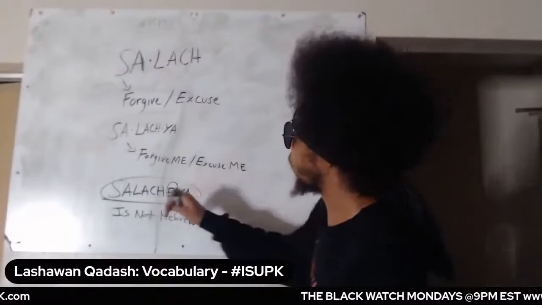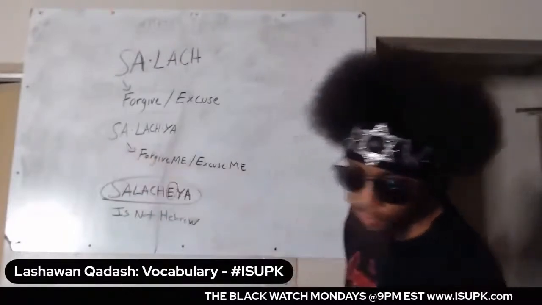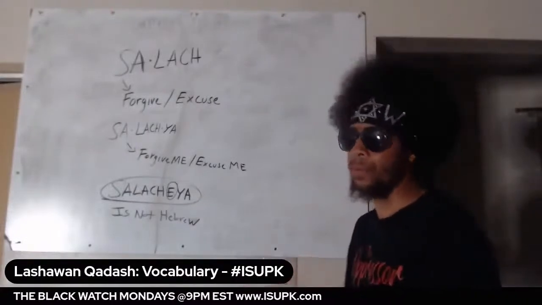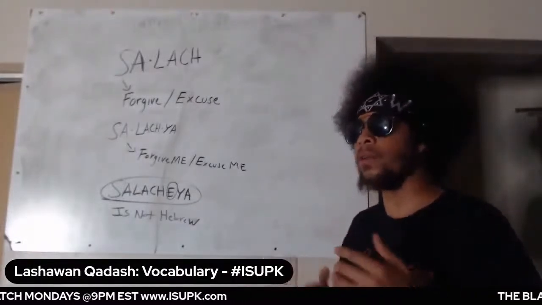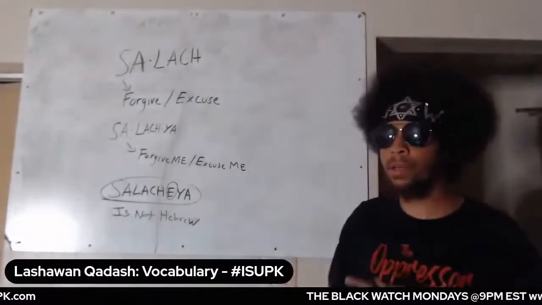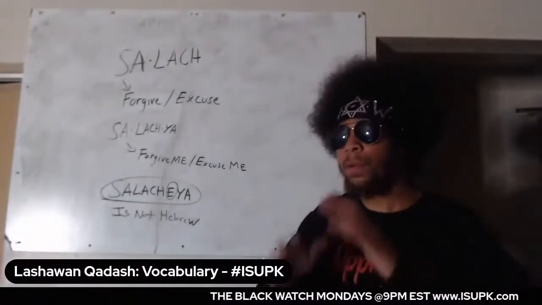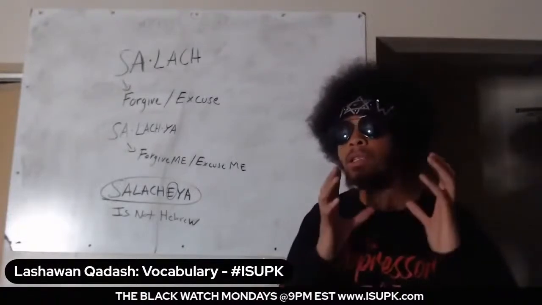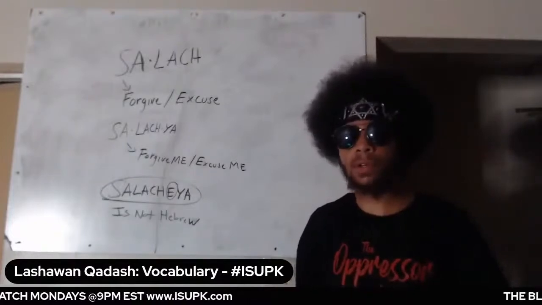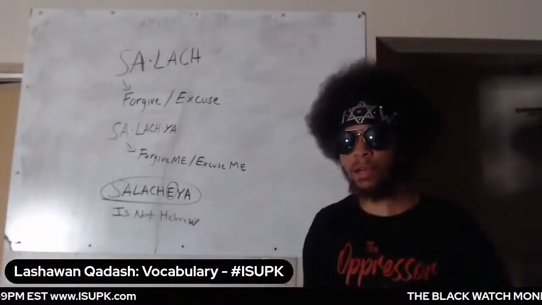It's simple as this. Oh, okay, like as far as Hebrew, right? It has to match up with the Hebrew in order for it to sound Hebrew. Like for example, you got people and fake Israelite groups who say shalom. Now it may sound like it's Hebrew. That's not Hebrew at all.